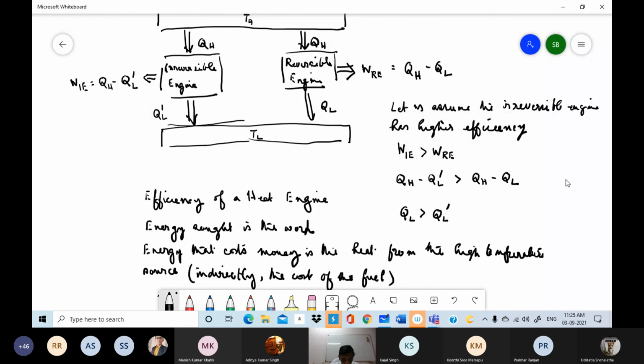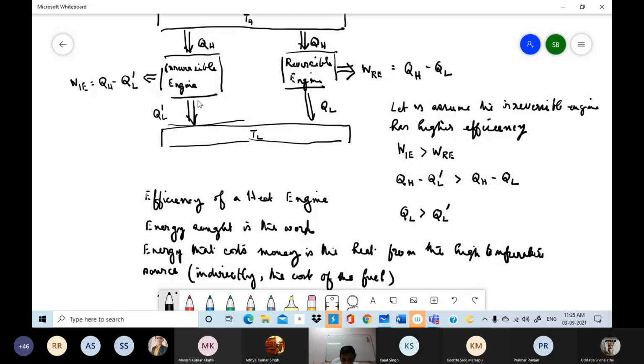So what we have stated is that if there are two heat engines operating between two reservoirs, if we assume that the irreversible has a higher efficiency, it must be producing more work output. So then a larger fraction of this QH has been converted to work.